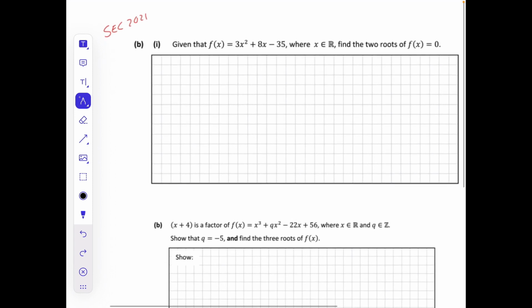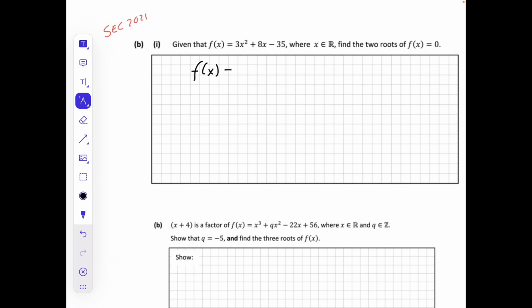So we're going to start with the 2021 question. Now, this isn't necessarily what we've covered, but we should still be able to do it. So f of x is equal to 3x squared plus 8x minus 35. We want to find the two roots when f of x is equal to 0. Now, this is actually a very straightforward question.